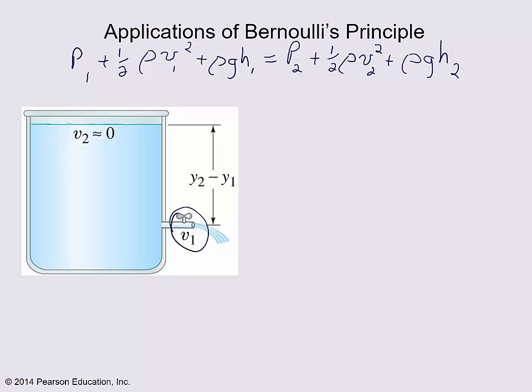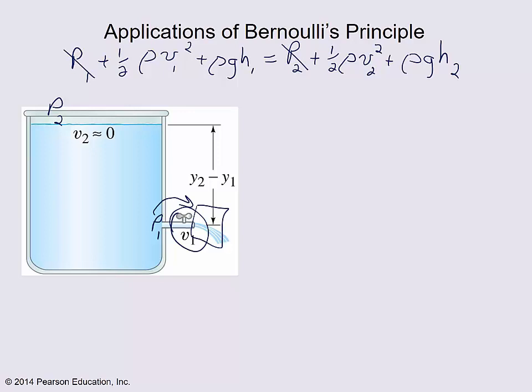Now, the pressures that we're talking about here would be the pressure at the top, P2, the pressure at the bottom, P1. At the bottom here where we're looking, not on the inside, sorry about that. They are both atmospheric pressure, so P1 equals P2, so those cancel.